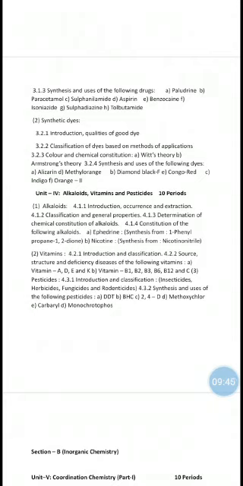It means the compounds which are basic in nature are known as alkaloids. And it includes the introduction of the alkaloids, their occurrence, their extraction, and the chemical constitution of various alkaloids.